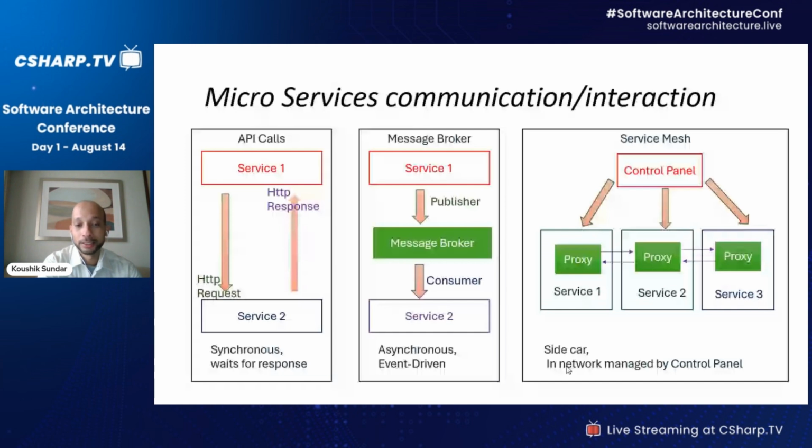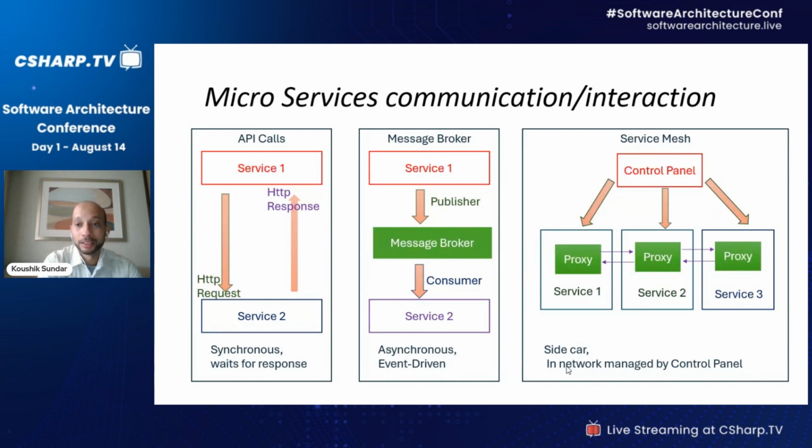So service one is not dependent on how service two processes the messages. The role of service one is just to publish the messages. It's done, and it will move on to its next functionality. Service two just keeps on consuming and processing whatever it's intended to do. This way, it is asynchronous and event driven.